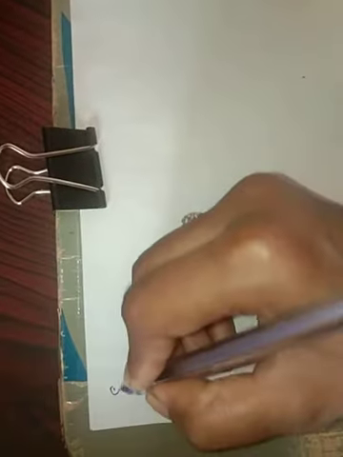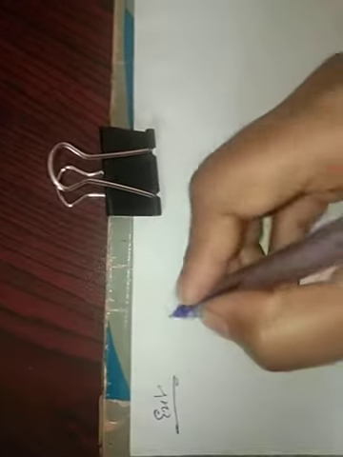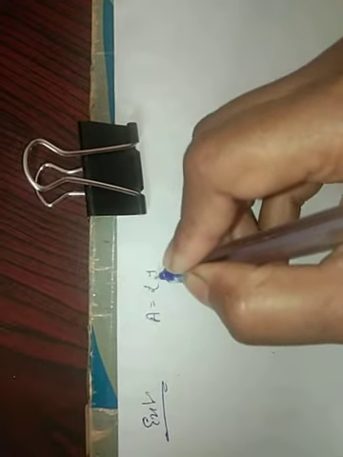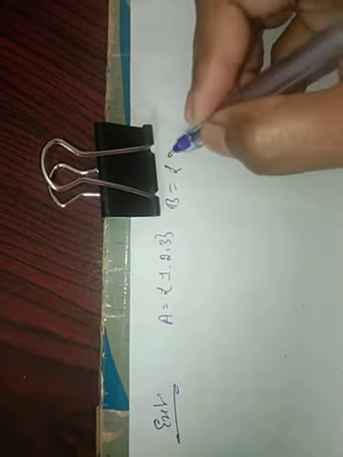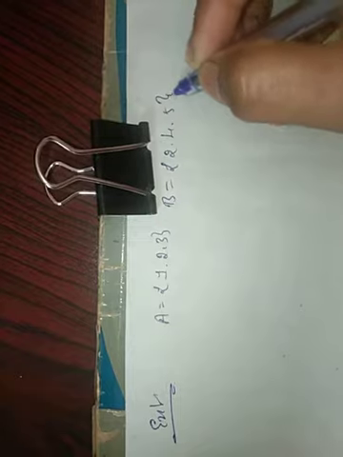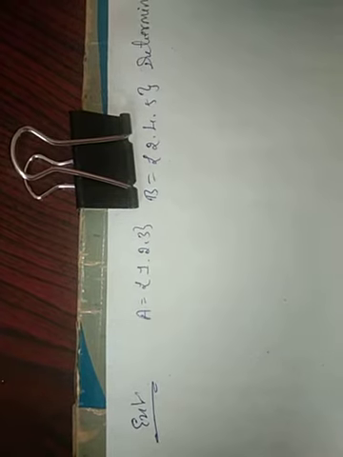Come to the example. The first example is: suppose A equals {1, 2, 3} and B equals {2, 4, 5}. Determine the following.